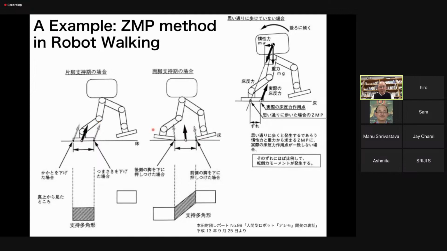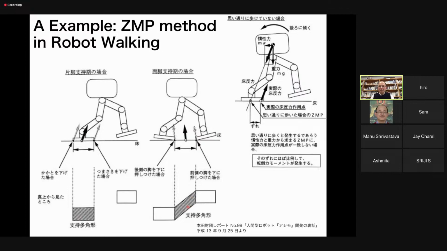If one leg is staying attached to the ground, the center of mass should be inside here, or if there are multiple legs attached to the ground, the center of mass should be located inside this rectangle.